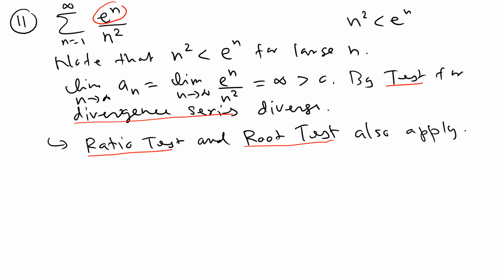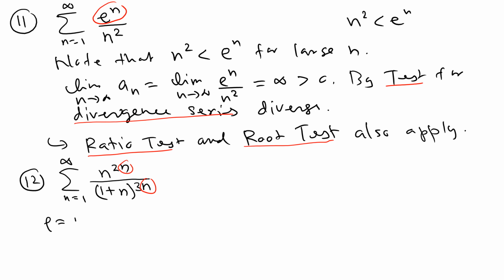Let's go to the next problem, number 12. You see this n here and that n, so that means this is a candidate for the root test. Let's use the root test here. We're going to calculate rho, which is the limit of the nth root of the nth term.